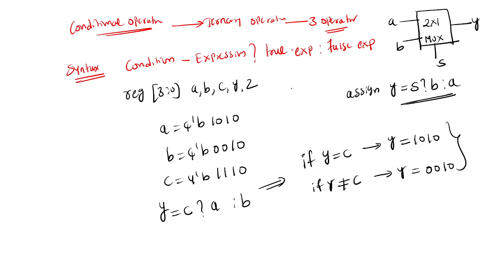That means if s equals 1, y is connected to b, and if s equals 0, y is connected to a.